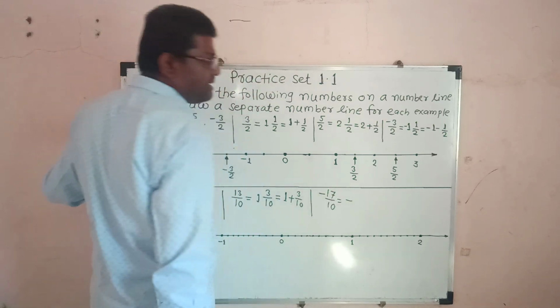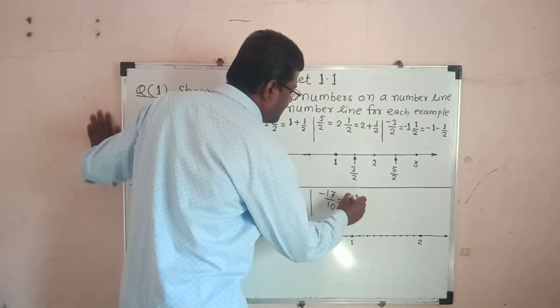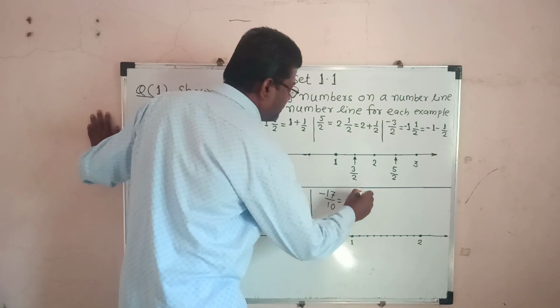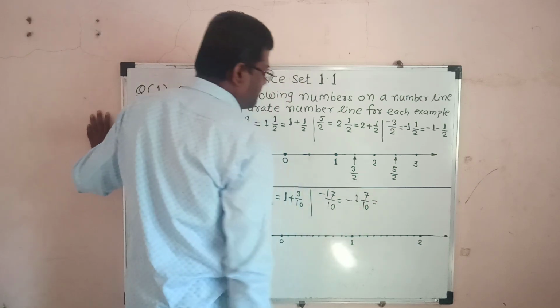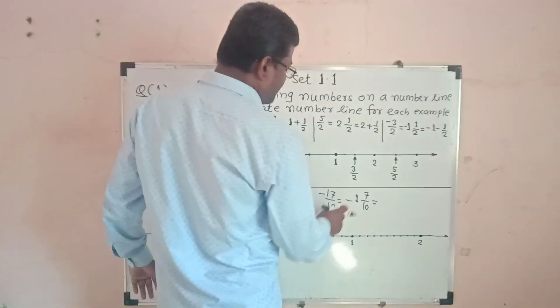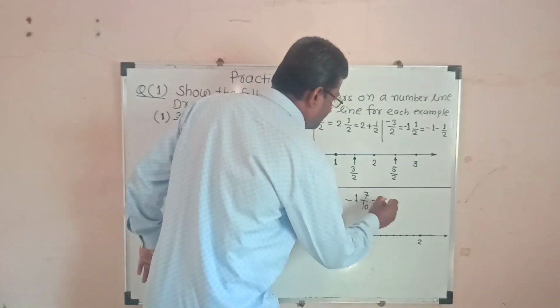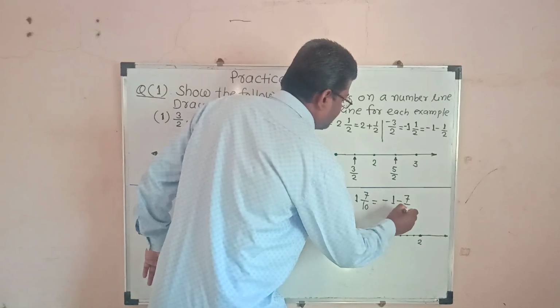Divide 17 by 10: 10 ones are 10, 17 minus 10 will be 7, so 1 and 7 upon 10. There is a minus sign, therefore we write this as minus 1 minus 7 upon 10.